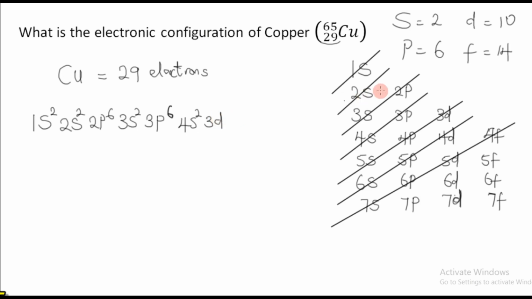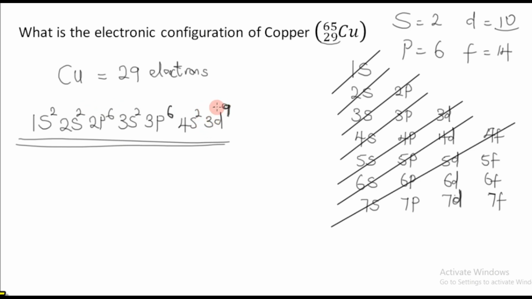And the d orbital will take a maximum of what? 10 electrons. So that means that my 9 can enter here, right? And I have just 9 remaining, so I will just put the 9 there. 3d9. So this is the electronic configuration of what? Copper, right?